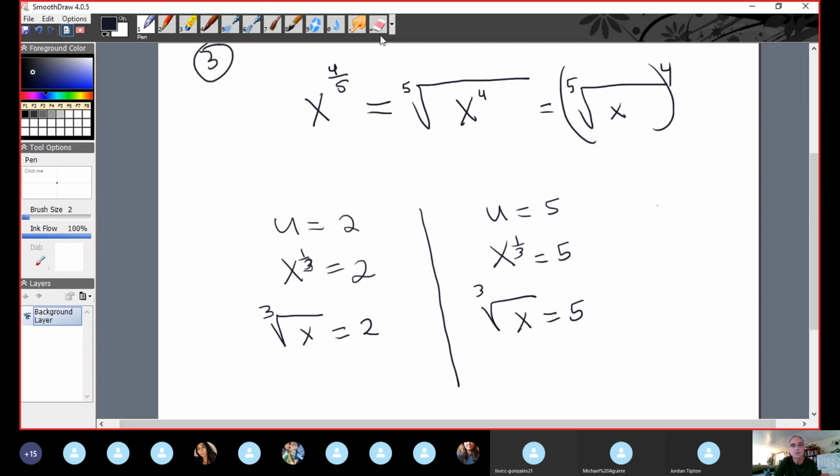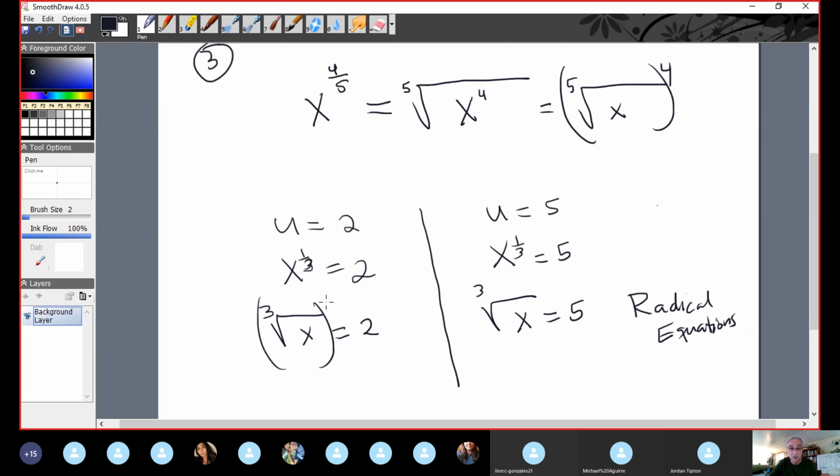Now we have two radical equations. What should I do to solve any radical equation, as I explained in the last class? Square. Yes, but in this case it's not square, it's cubic.